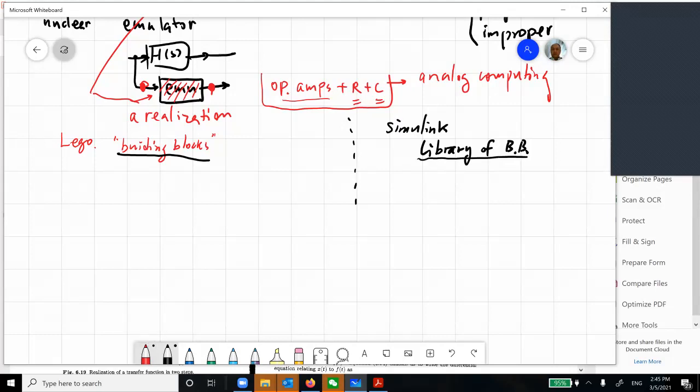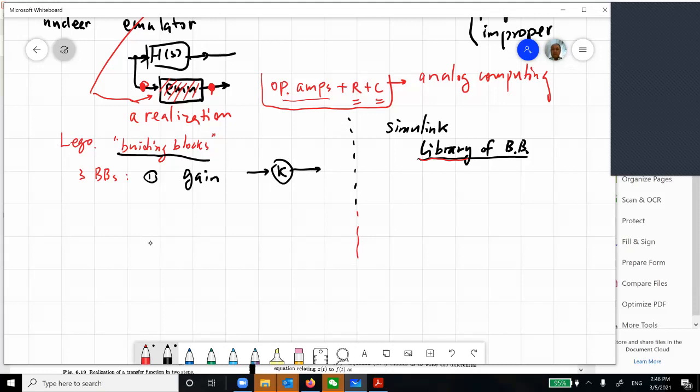This library was built only for your convenience. Here today, we are going to use 3 building blocks. What are the 3? The first one is called a gain. We use a symbol of a circle, gain of K. So this is a gain. This is a building block.